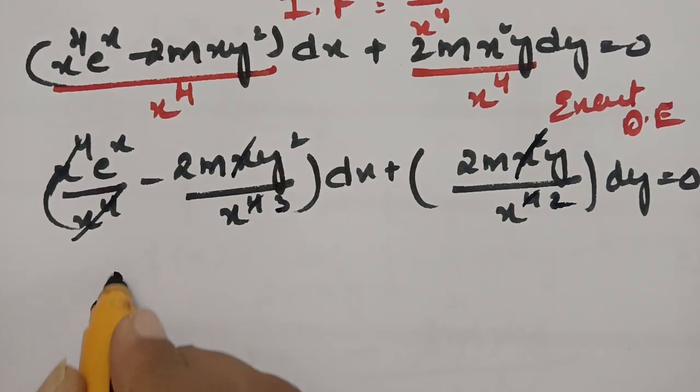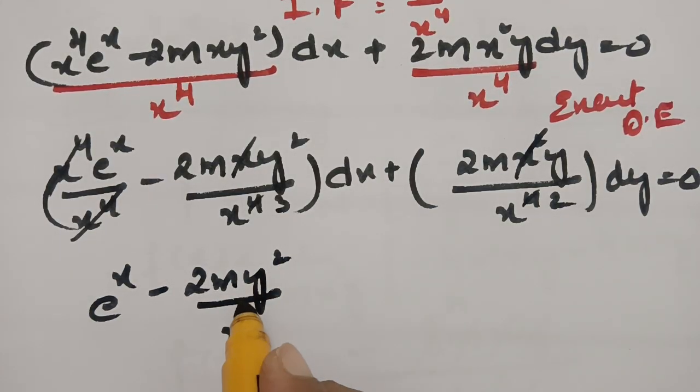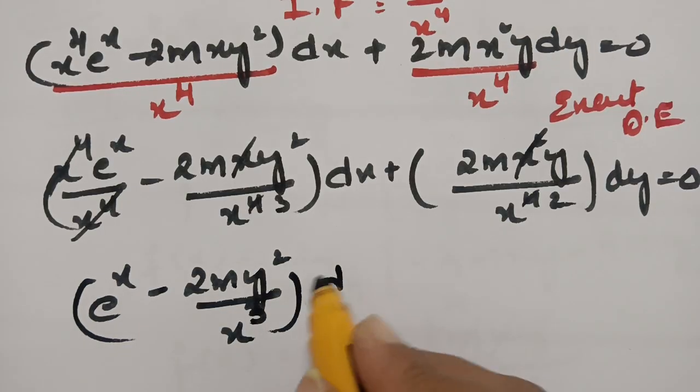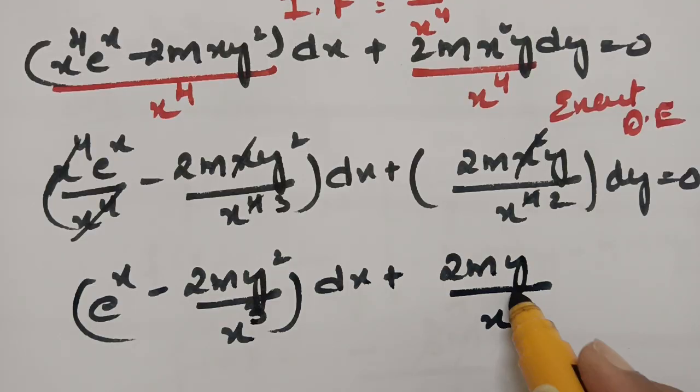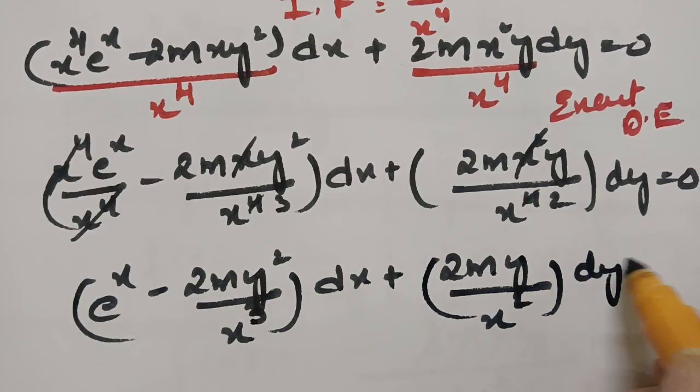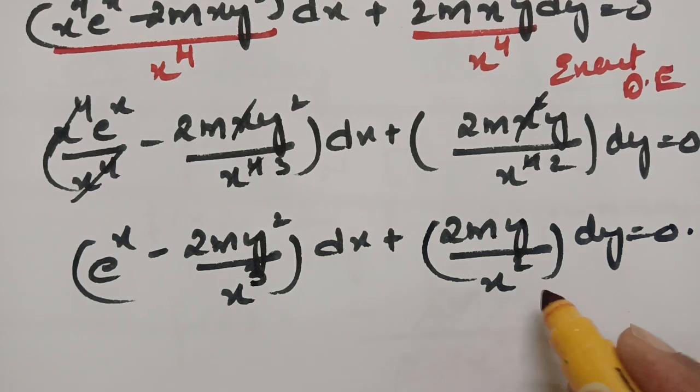And this is going to become e^x minus 2m y^2 by x^3 dx, plus 2m y by x^2 dy is equal to 0. And now this is an exact differential equation.